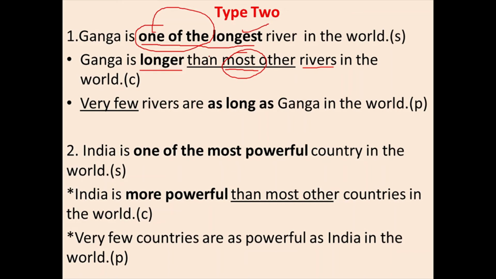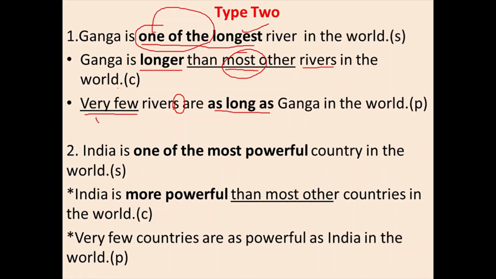Than any other. Now we will say than most other rivers in the world. And for making positive, we will add very few. Very few rivers, remember, because it is being compared to many other, most other rivers. So very few rivers are as long as Ganga in the world.